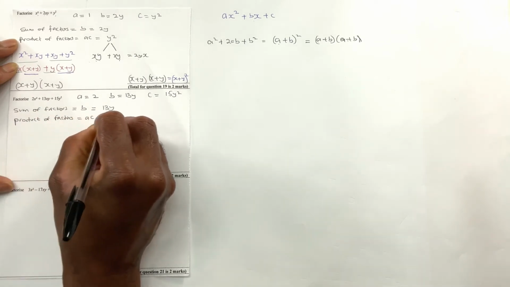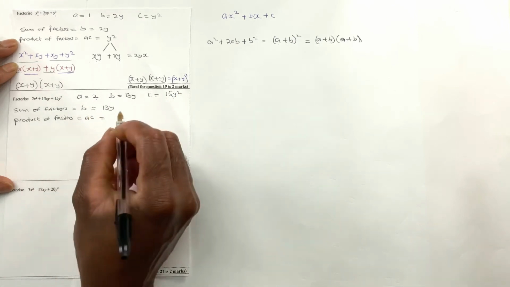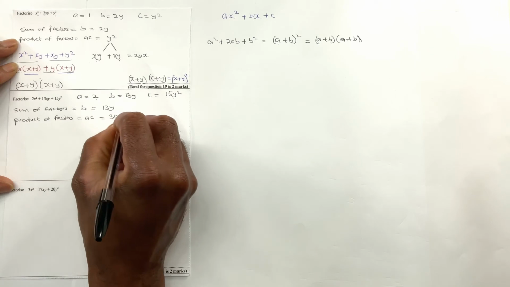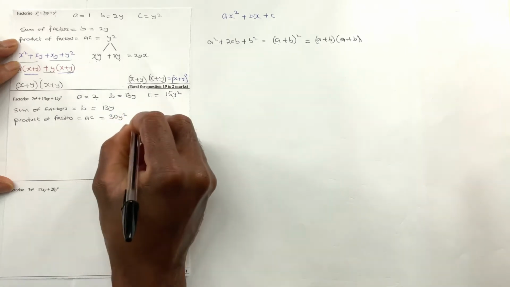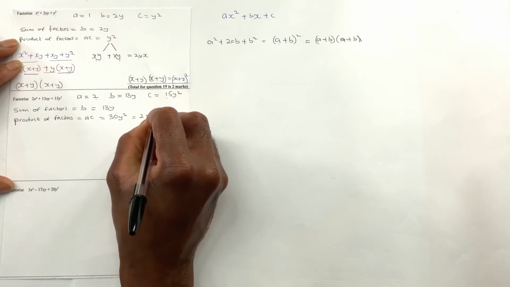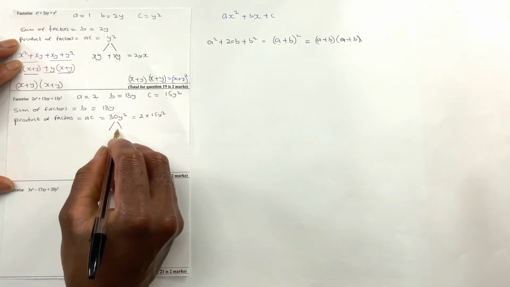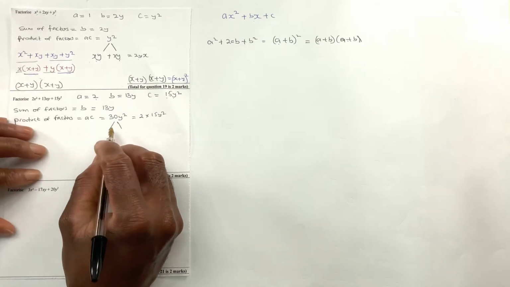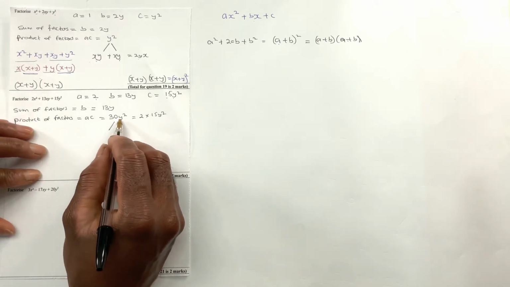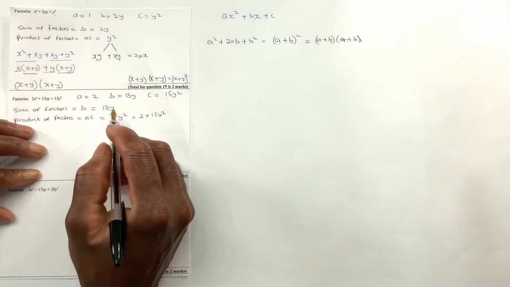equals AC, which is 15y squared times 2, and that will be 30y squared. That equals 2 times 15y squared. I need two numbers that I can multiply. I will get 30y squared, and when I add them together, I get 13y.